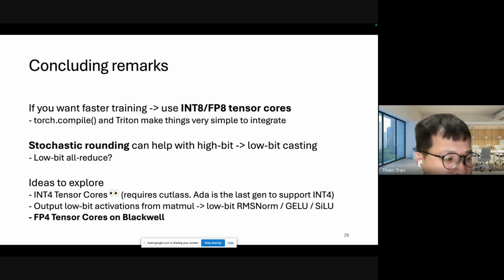I think most of the time the minimum you have to do is use BF16 for the all-reduce operation. But if you can also quantize it and maybe use some kind of stochastic rounding to help with the error correction, then you can significantly speed up the distributed communication latency, and that will speed up training.